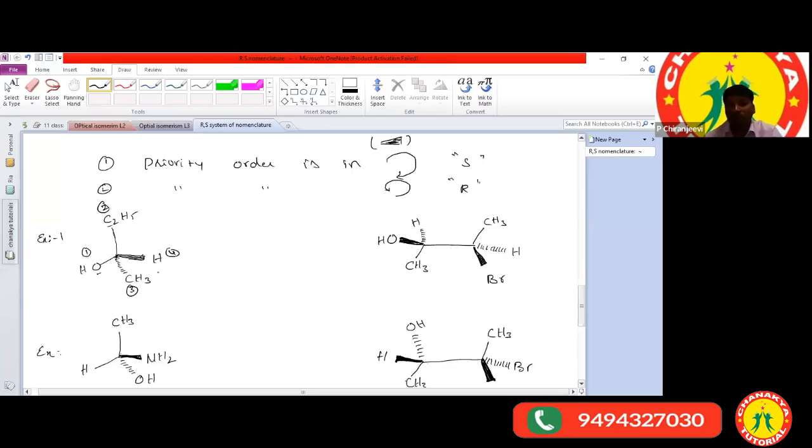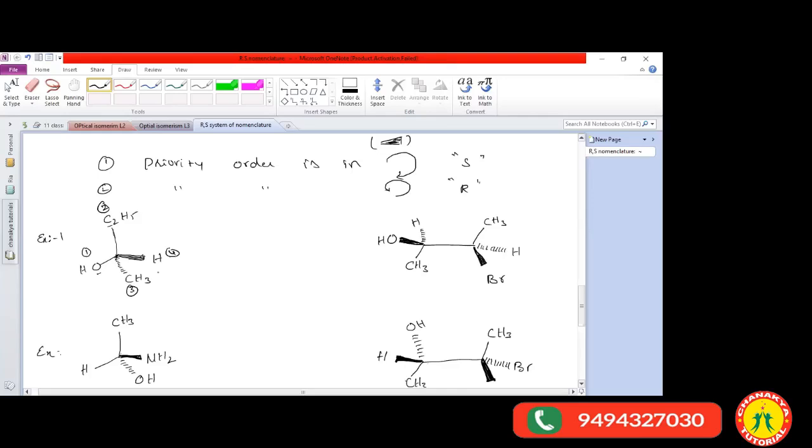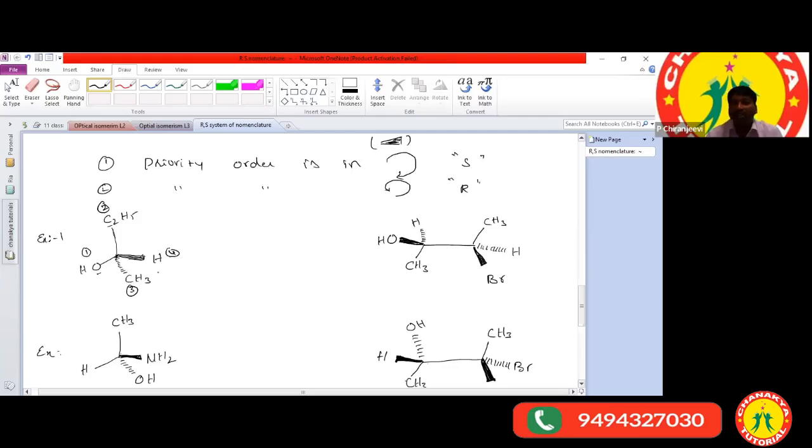Now, is the least priority group present on the vertical line or horizontal line, and is it either towards the observer or away from the observer? Least priority. Vertical line. No, horizontal. If you see, this is the solid wedge structure.